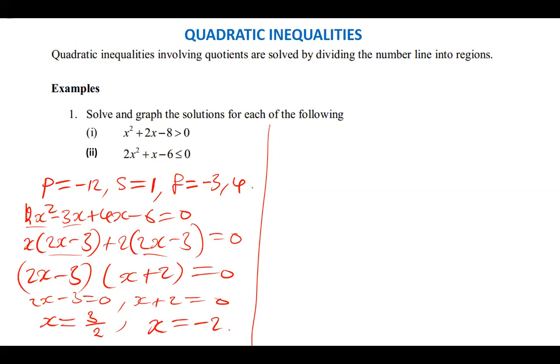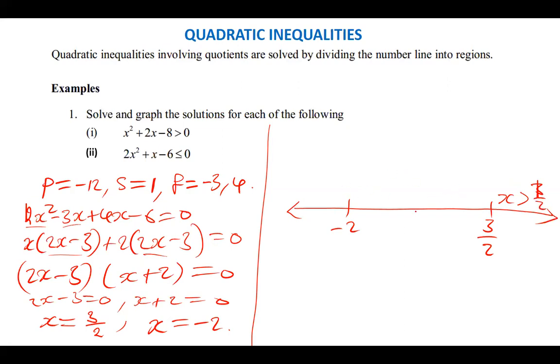All right, so from there, these are critical points. So we have found the critical points. We can now take them on the number line. So -2 will be written there. Then we have +3/2 there. So numbers that are greater than +3/2, we're going to say x greater than 3/2.